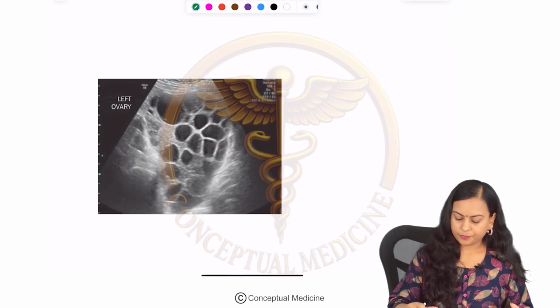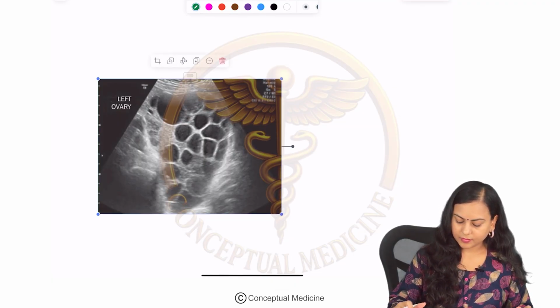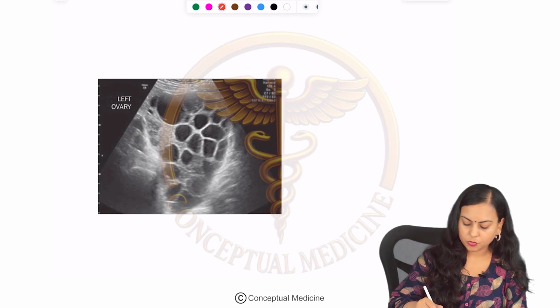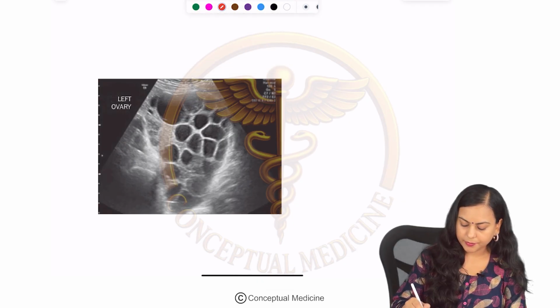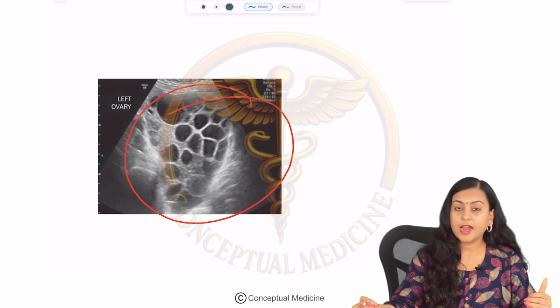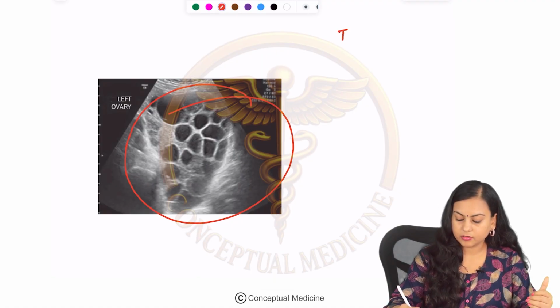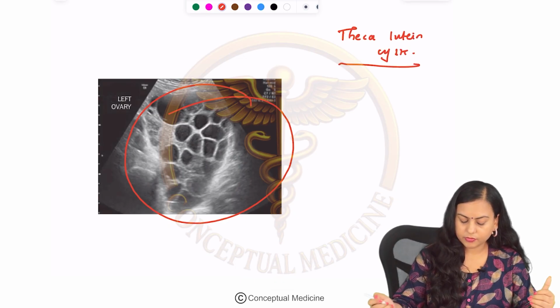Okay, yeah. And let's talk about this picture. So here also you are able to see so many cysts. Okay, and another differential diagnosis you have to keep is your theca lutein cyst. Okay, these are your theca lutein cysts.